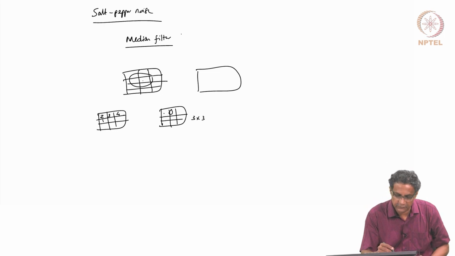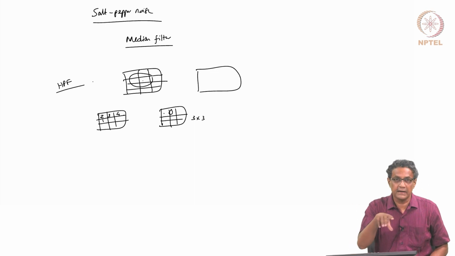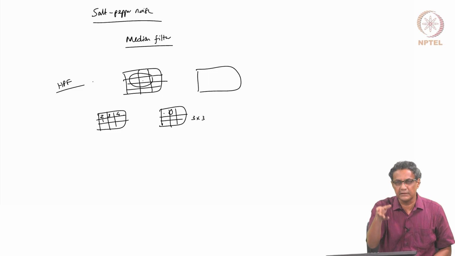But if I asked you, can I do a high pass filter? One simple explanation could be that if I had uniform values everywhere, you have a wall where the intensities are all the same, and if I apply a median filter there, of course you will again get back the same value itself. But if I said that the output should be 0, because it's a plain wall, a homogeneous region, I need high pass filtering.